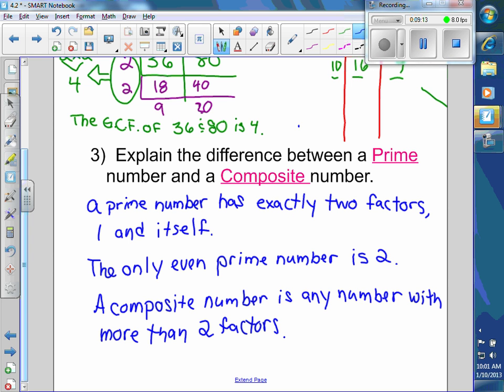So the smallest prime is 2. And it's the only even. So when we talk about prime numbers, we're talking about numbers 2 and bigger. That's how we look at them. So 1 is just not part of the set. You know how there's sets in math, right? Like one set of numbers are whole numbers.